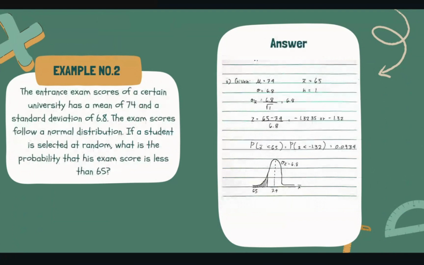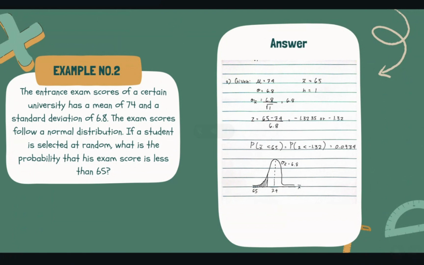Next slide please. For our example 2, the entrance exam score of a certain university has a mean of 74 and a standard deviation of 6.8. The exam scores follow a normal distribution. If a normal student is selected at random, what is the probability that his exam score is less than 65? Example 2 is still the same as example 1.